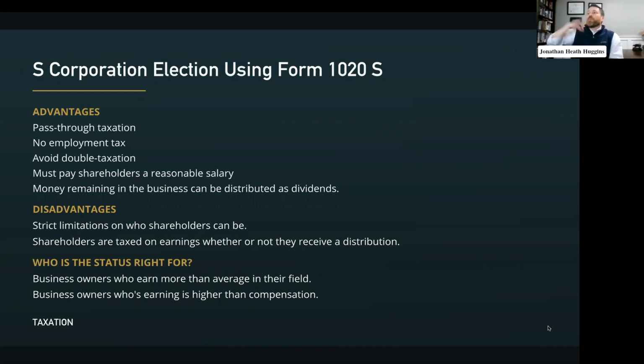Also, if they recognize some profits and there's money there, but you have not received your dividends yet, you'll have to pay taxes on that money. This is good for businesses that are starting up and have finally gotten their revenue in and can afford to pay themselves a salary. It's good to reduce your tax impact.